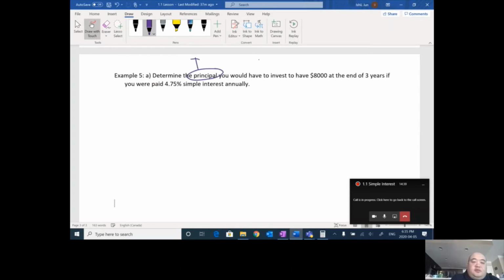Okay, so we're determining what P is. So how much would you have to invest to get a total of 8,000? So this is not the interest, this is the actual accumulated amount. Okay, the term is 3 years, and the rate here is 4.75%, but as a decimal, 0.0475.